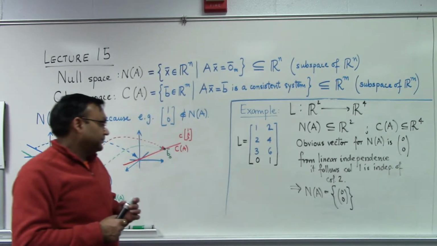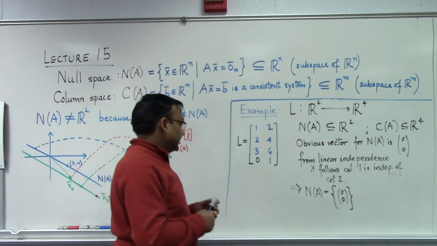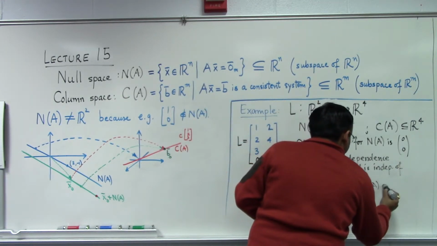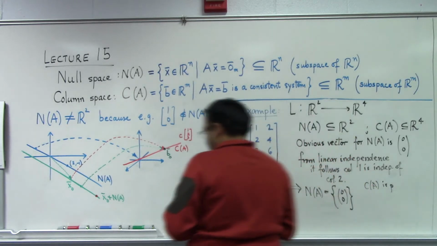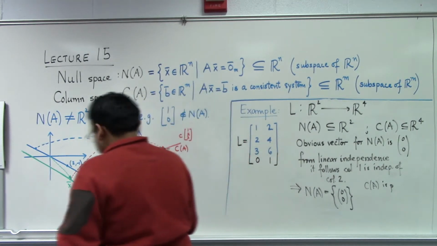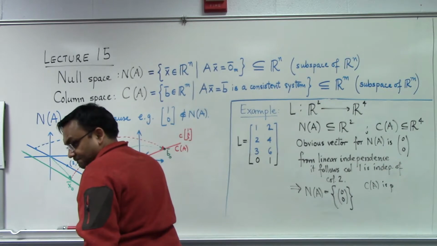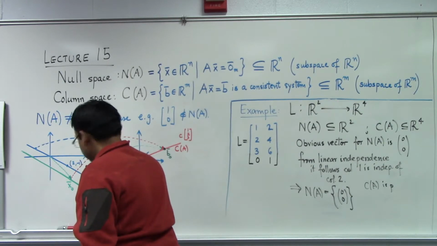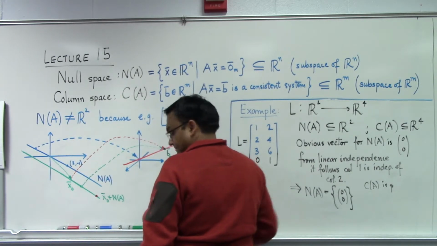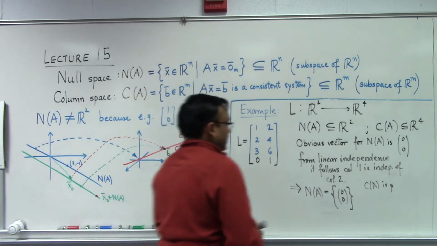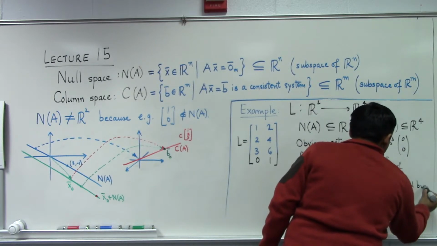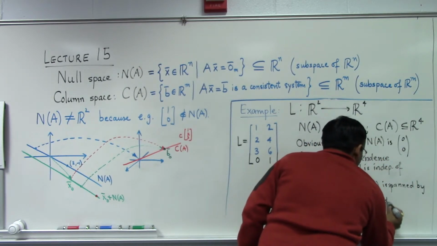What about the column space? Well, again, by linear independence, it is kind of clear that the column space is spanned by two independent vectors.